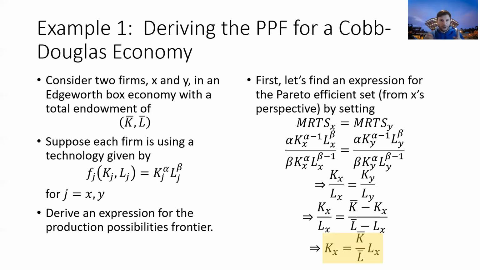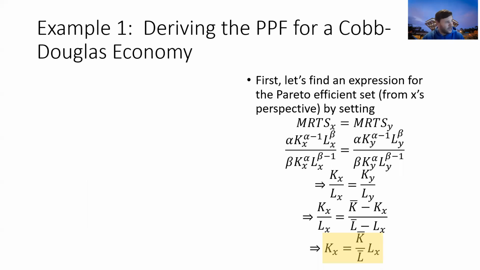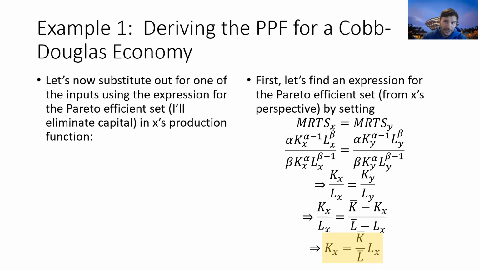The box is L is the base, K bar is the height. So KX equals the height of the box, the rise over the run of the box, times the x-axis variable, which is labor. So that equation in the yellow box there is literally the diagonal from the bottom left to the top right of that Edgeworth box.